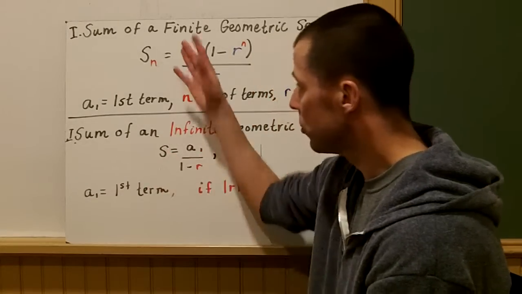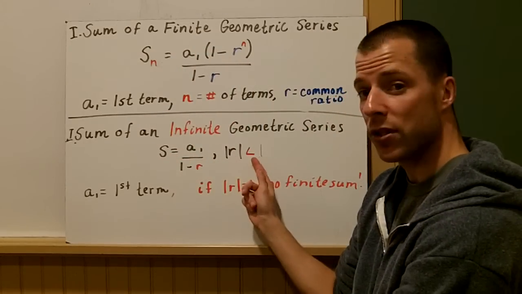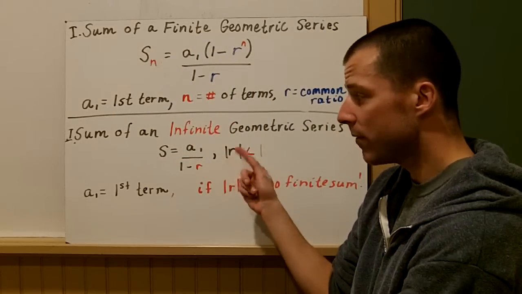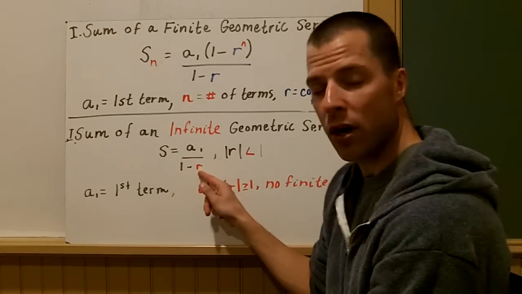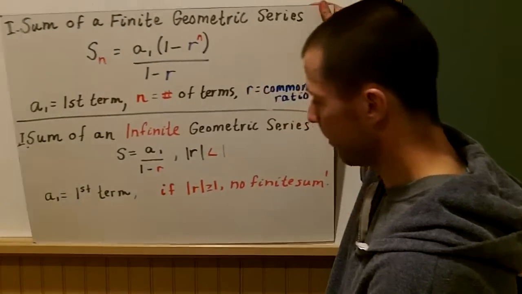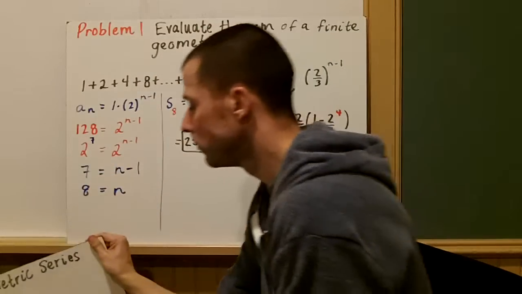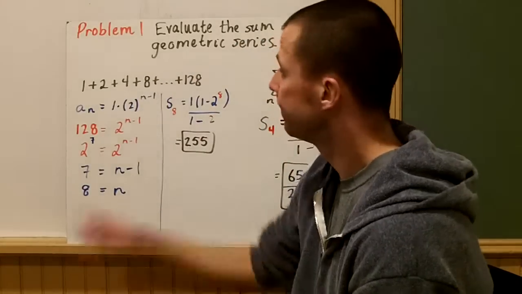Again, two formulas here for finite geometric series and infinite geometric series. You can actually find the sum of the infinite geometric series, but again, with this equation, the absolute value of r has to be less than 1.